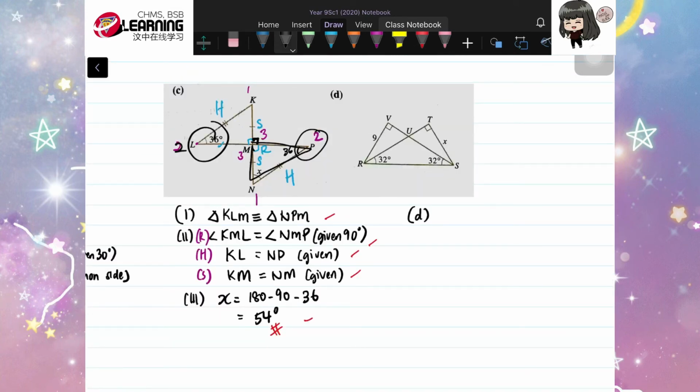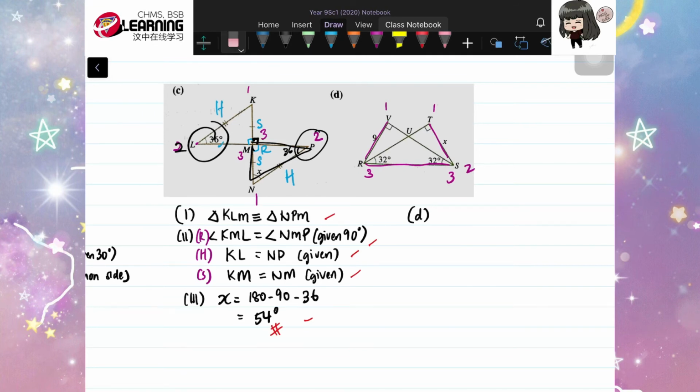Okay, now part D. Which triangle and which triangle is the same? We number them first. V and T, the first one. The second one, R here, and S here. The short one first, and then the long one, the third one.